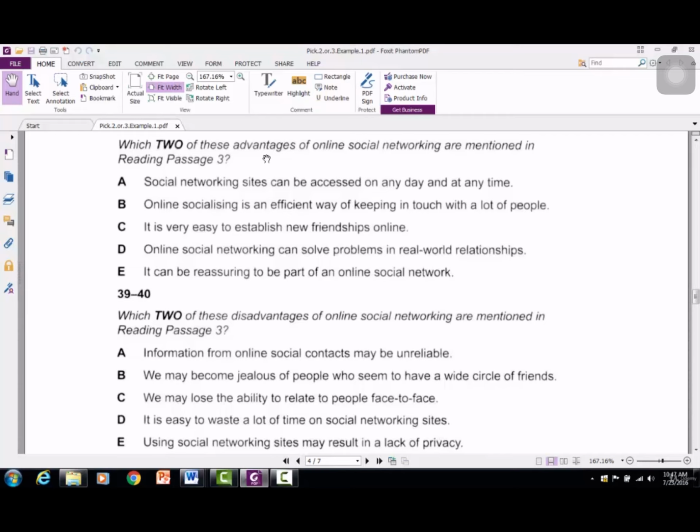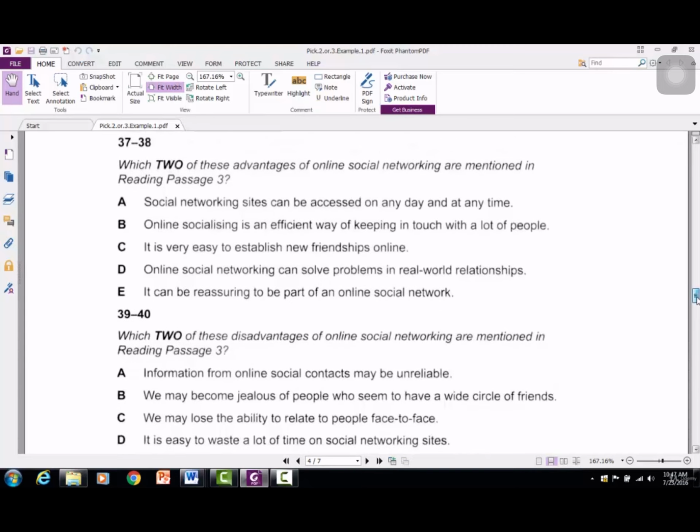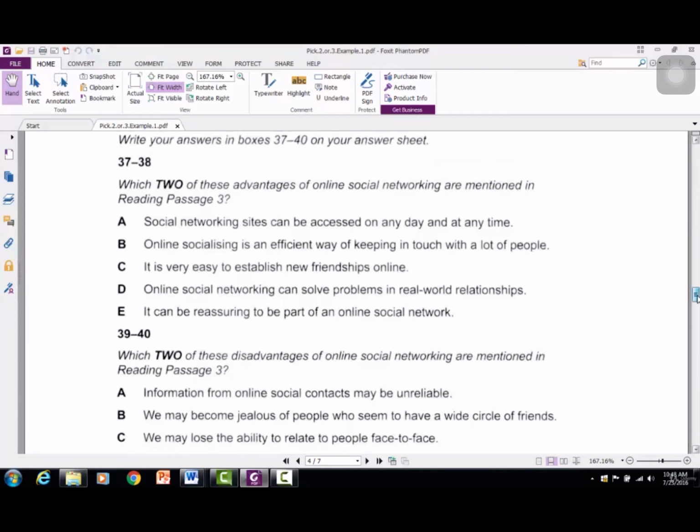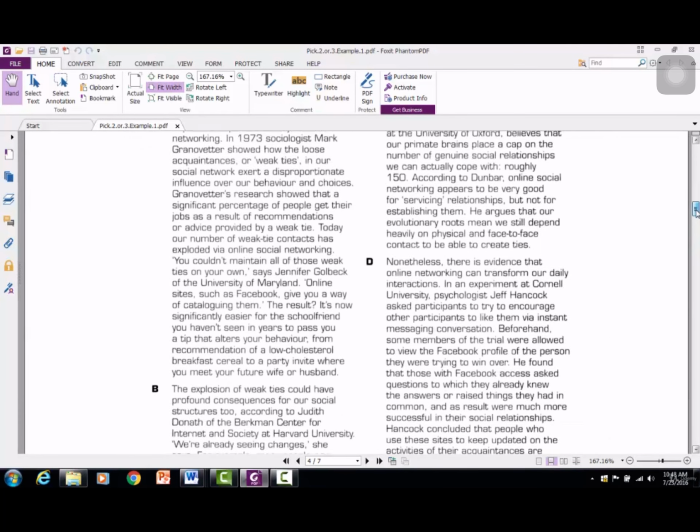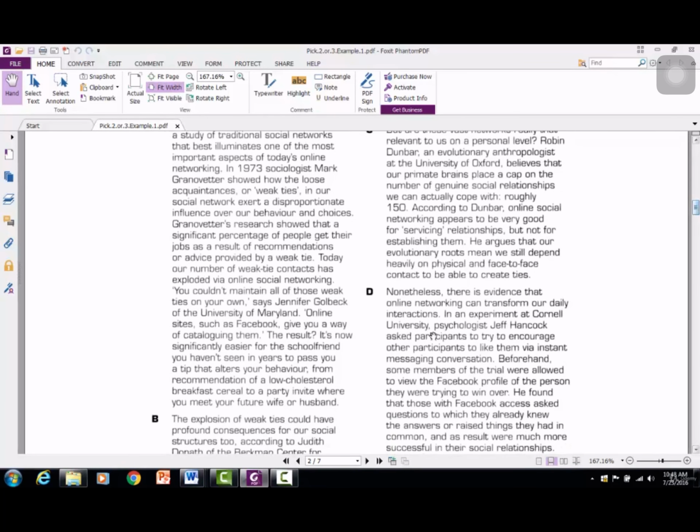For this question, I've already done the other questions in a previous example, but the correct answers for number 37 and 38 were letter B and letter E. The reason it was letter B as an advantage is right here in this first paragraph.